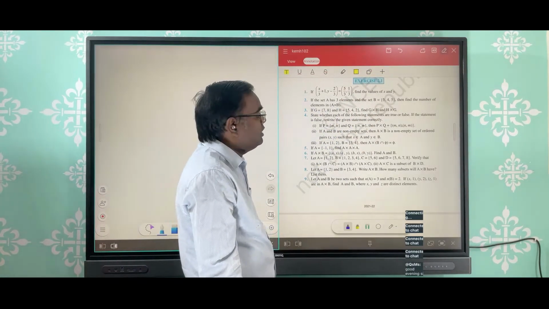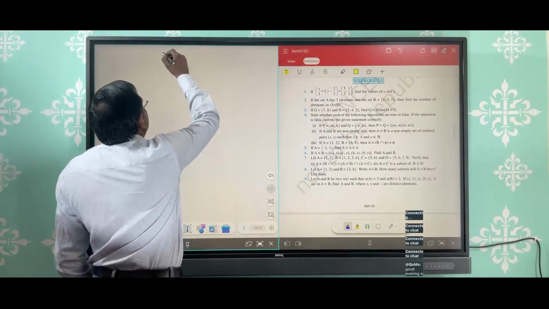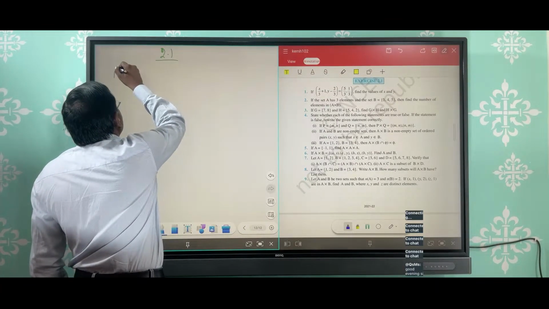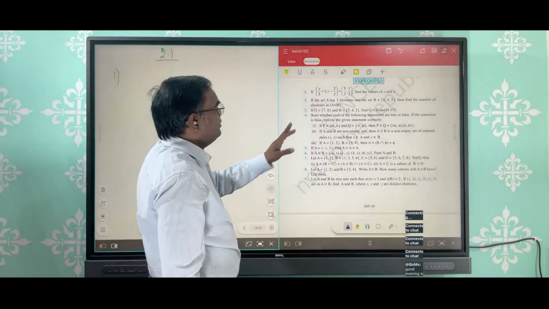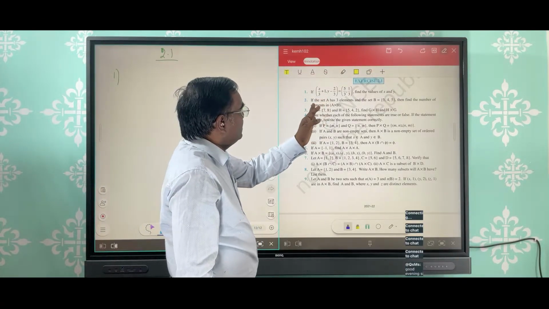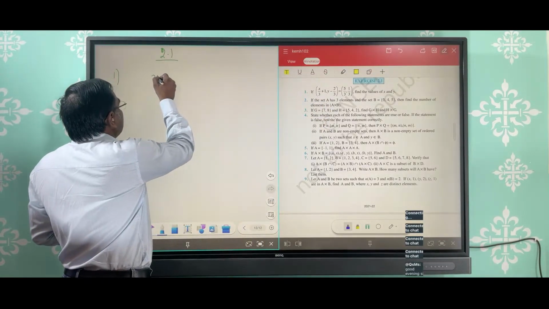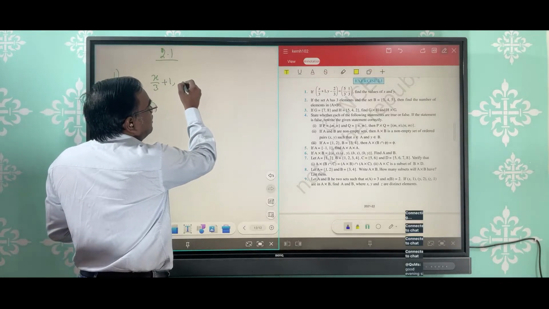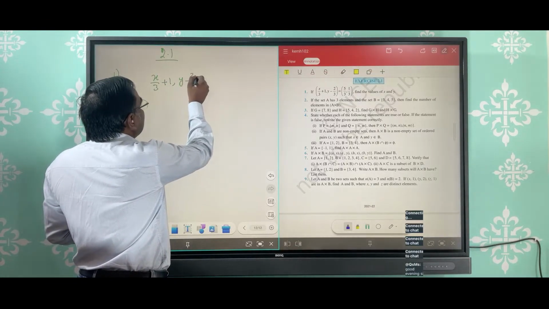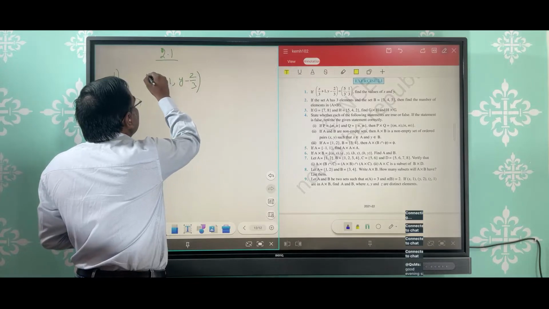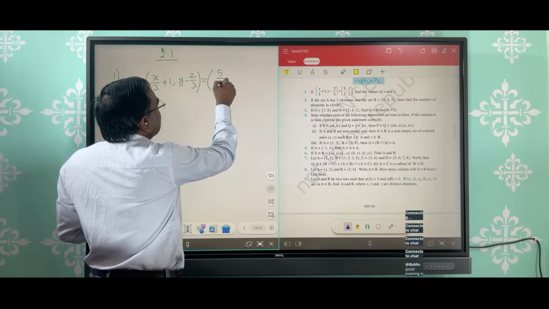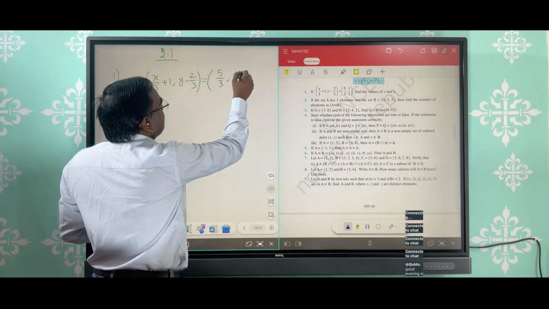It is very simple for you. Let us solve this exercise. If x upon 3 plus 1 and y minus 2 by 3 equals 5 upon 3, 1 upon 3, then find the values of x and y.